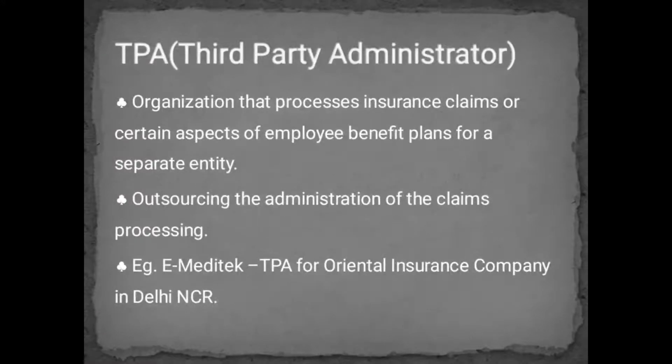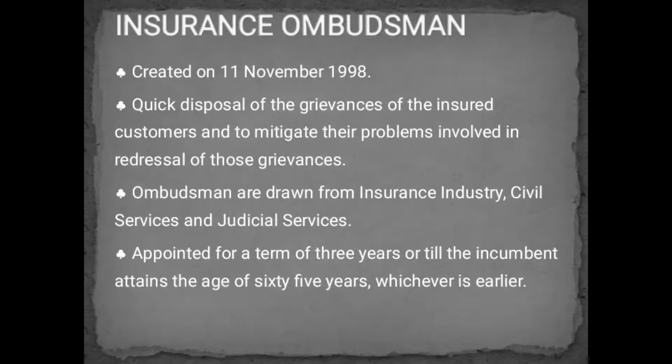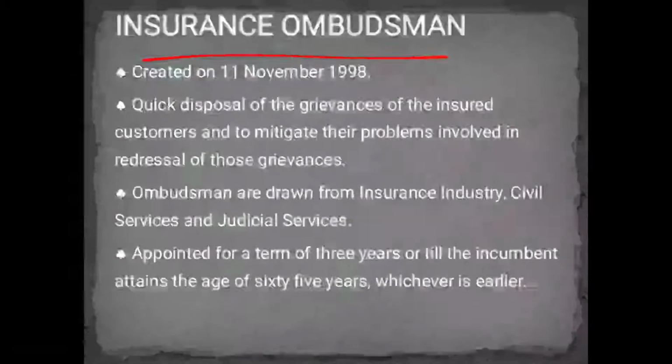Example: e-meditech company is a third party administrator for Oriental Insurance Company in Delhi. Oriental Insurance Company asks the help of e-meditech, which helps the insurance company as well as the policy holders. There is another concept, the insurance ombudsman, but it's not required for our study, so I'll skip it.